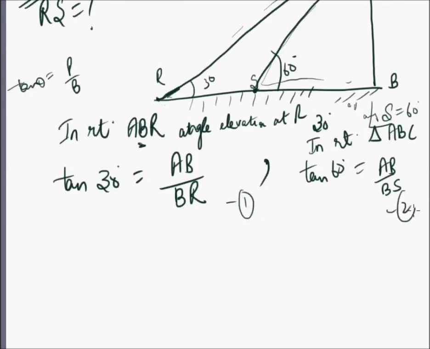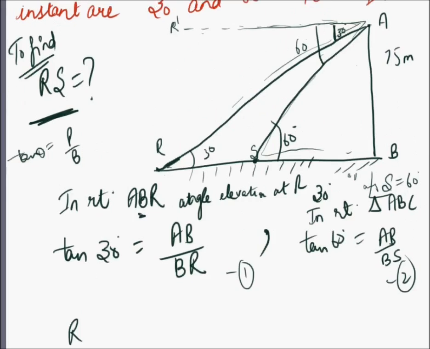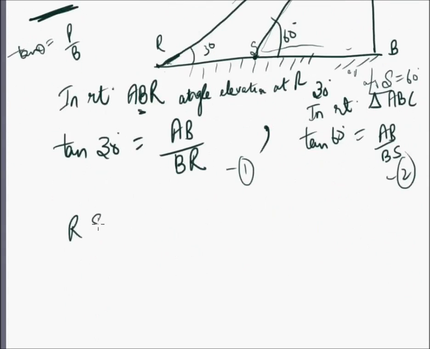Now we have to find out the distance between them, that is RS. To find RS, we can possibly convert this RS into the RB and SB. RS is RB minus SB.